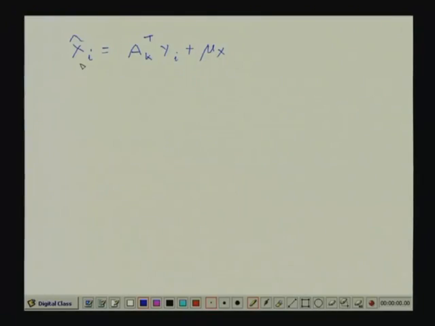So, for getting the reconstructed image, what are the quantities that we have to save? Obviously, the first information that you have to save is the transformation matrix A_k.